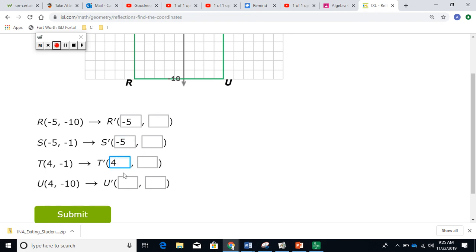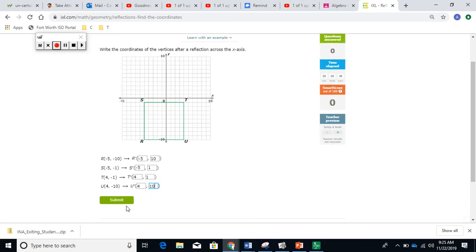The first letter is the x. Now the sign of the y changes. So here it's negative, it becomes positive. Here it's -1, it becomes +1. -1 becomes +1. -10 becomes +10. I change the sign of y.